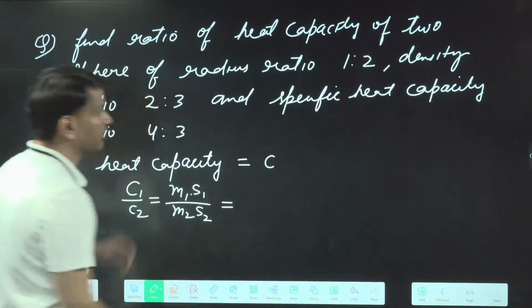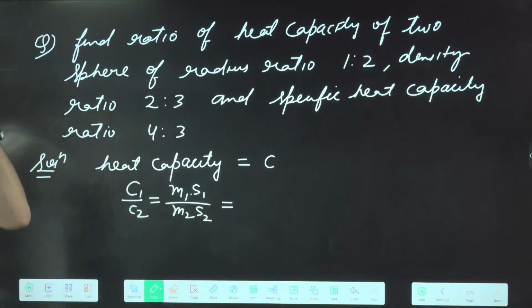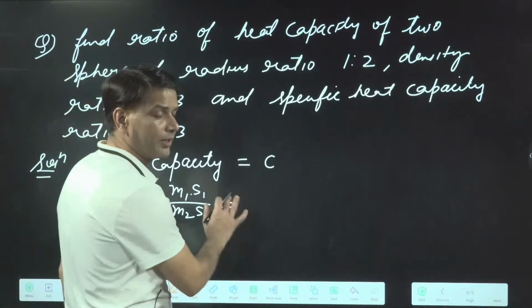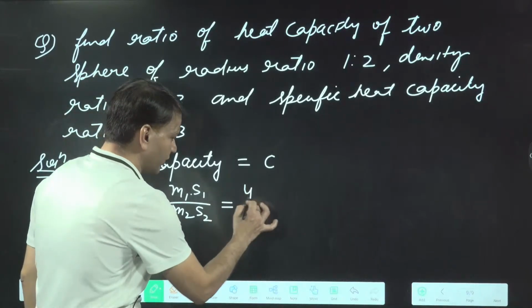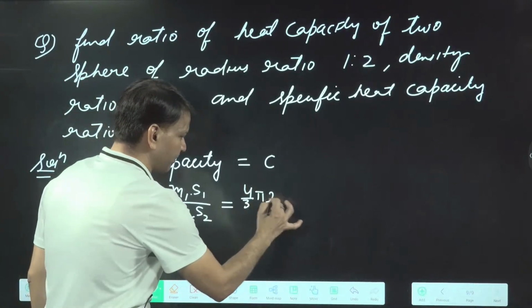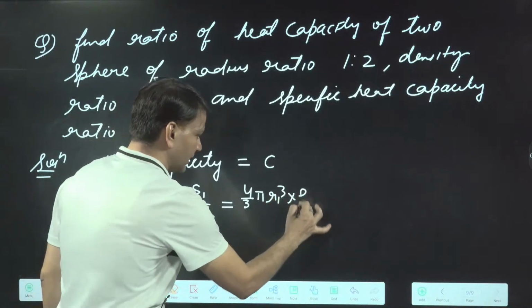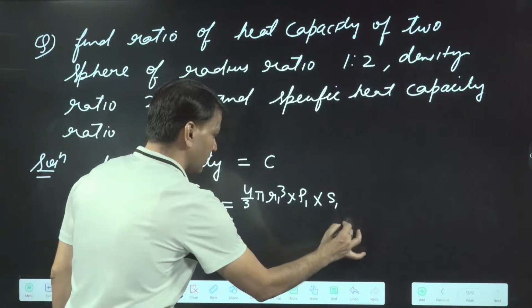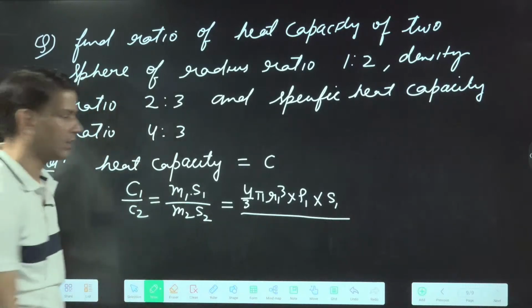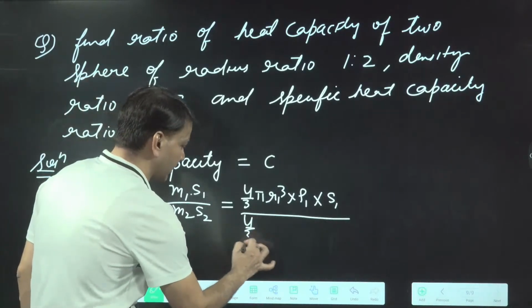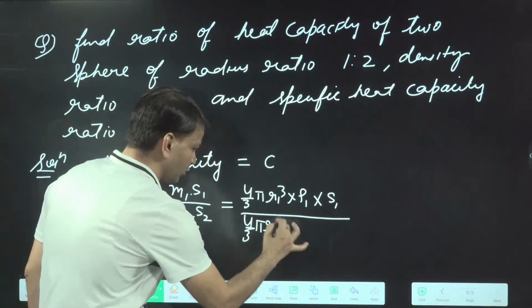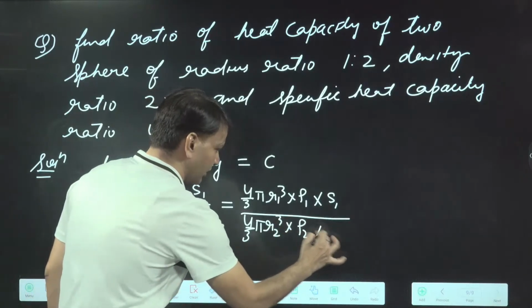Mass they have not given, but the density and the radius ratio they have given. So mass I can write as volume into density. Sphere volume is 4/3 pi R1 cube into density rho 1 into S1, upon 4/3 pi R2 cube into rho 2 into S2.